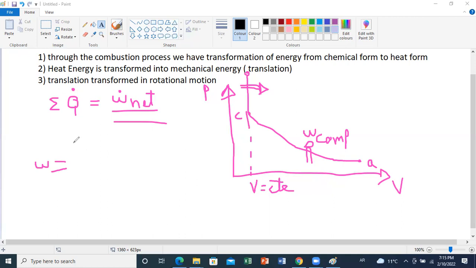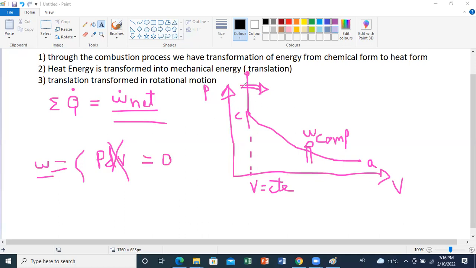If you go back to this chapter, one of the formulas for work is integral PdV. Since your volume is not changing here, this means that dV is zero, no change in volume. So the work from this point to this one is zero because I don't have any change in volume.